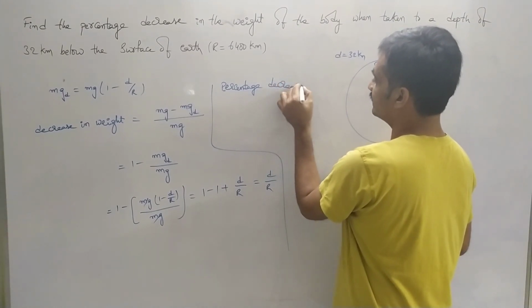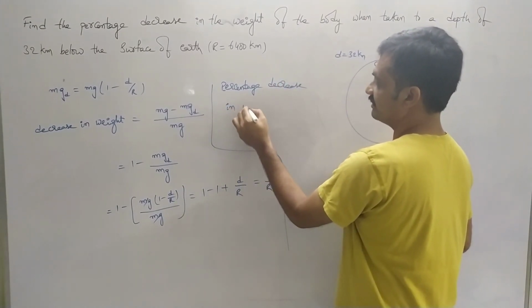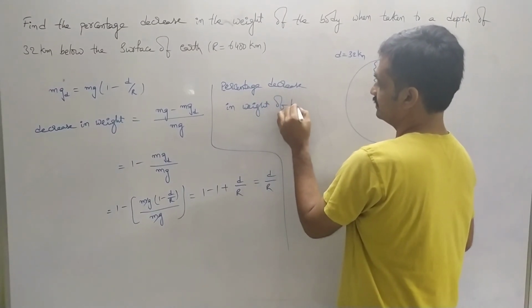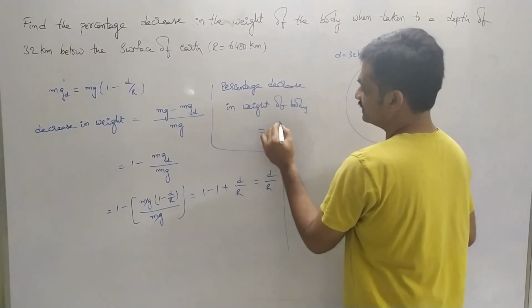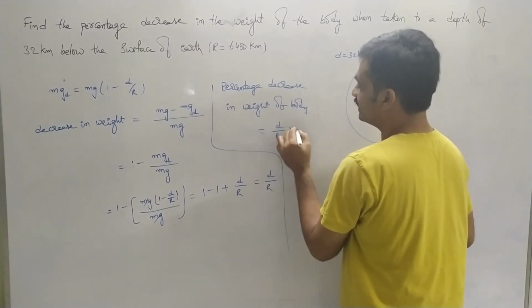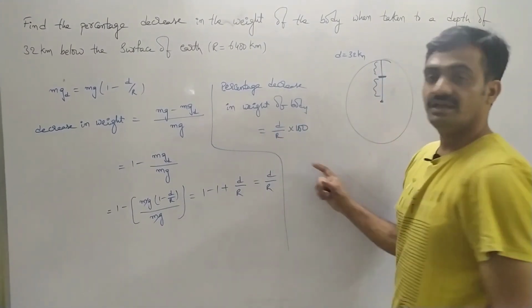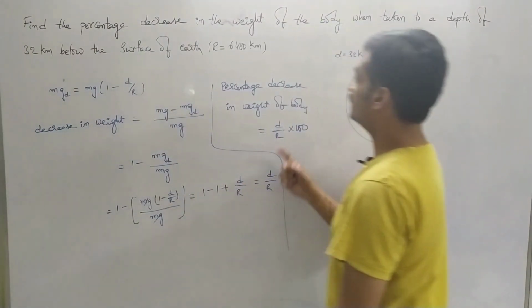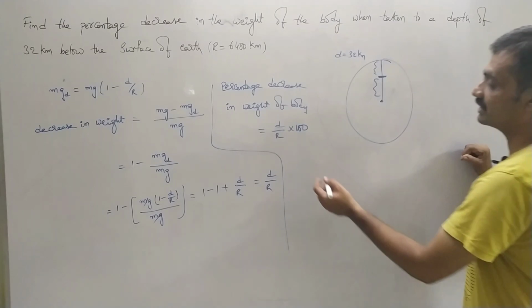Percentage decrease in weight of a body is represented as d by r into 100, where the body is placed at a depth of 32 km and the radius of the earth is 6400 km.